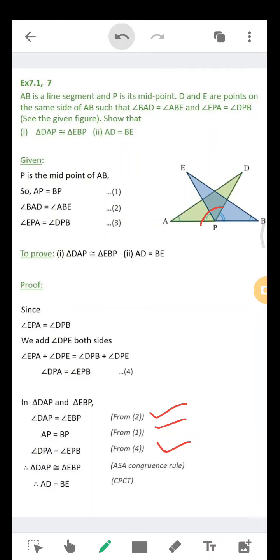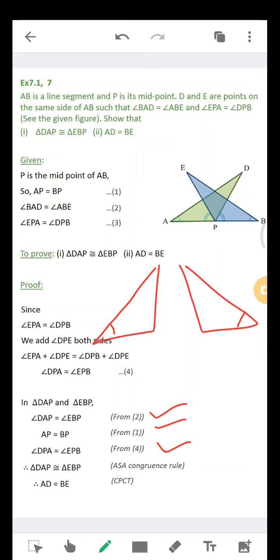So finally, if I show you these two triangles separately, first triangle and the second triangle, so we said this angle A is equal to angle B, then we said these two sides are equal, and we got this complete angle, okay, that's all.